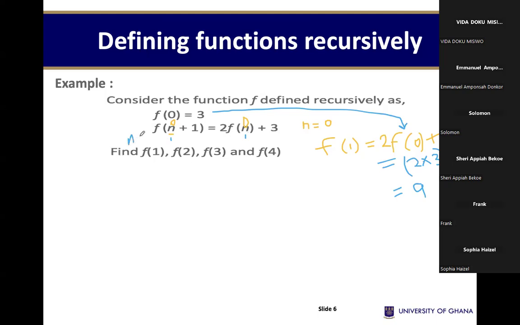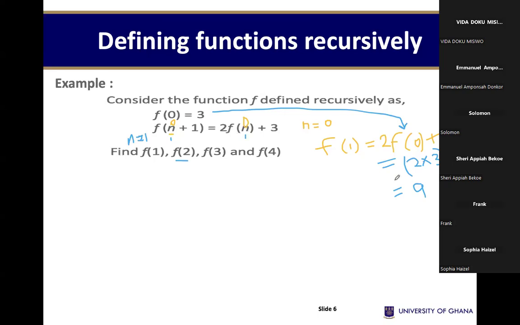When you do that, you can easily get your next value, f of 2. This will be f of 1 plus 1, which gives me f of 2 here. So f of 2 is equal to 2f of 1 plus 3.